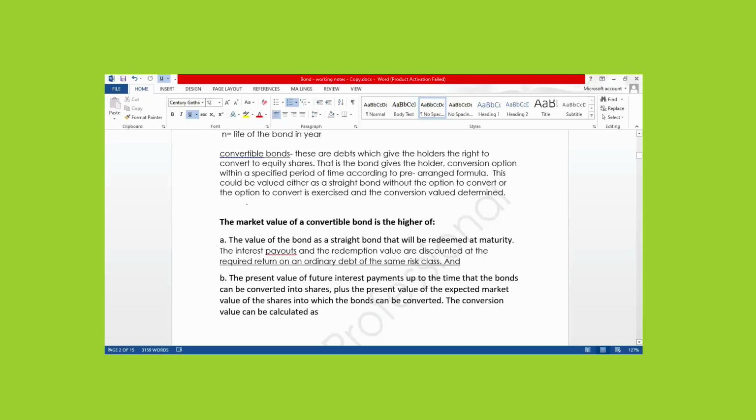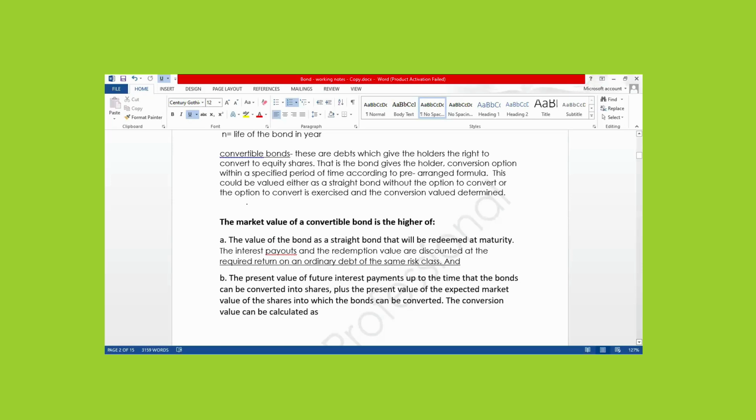We got to explain this. If you are to calculate value of a convertible bond, you can use alternative 1, valuation as a straight debt, or you can use alternative 2, the conversion value approach.